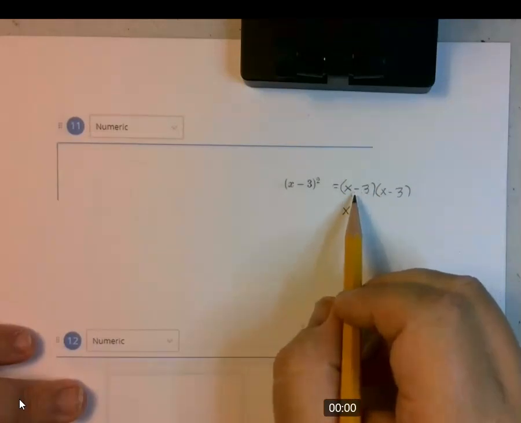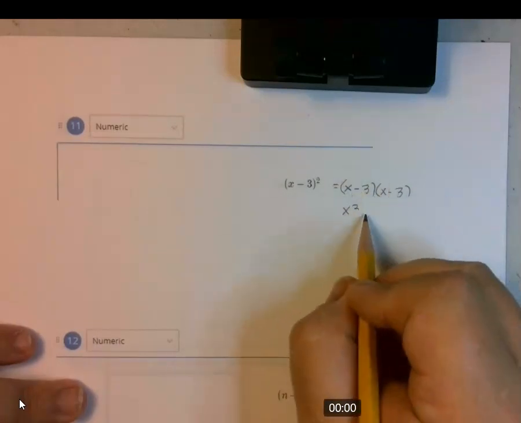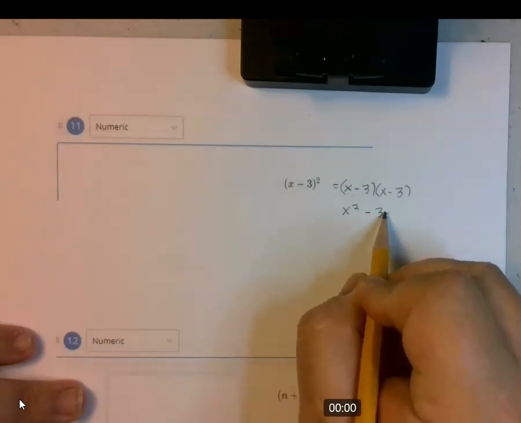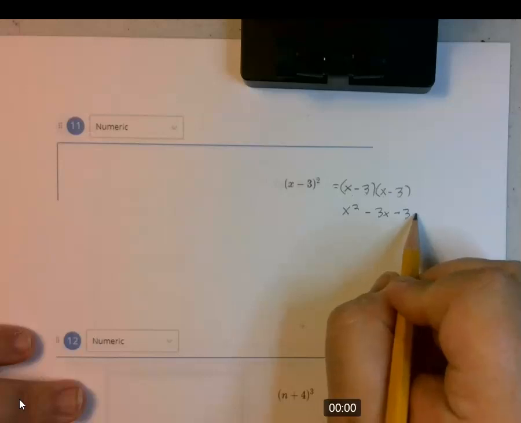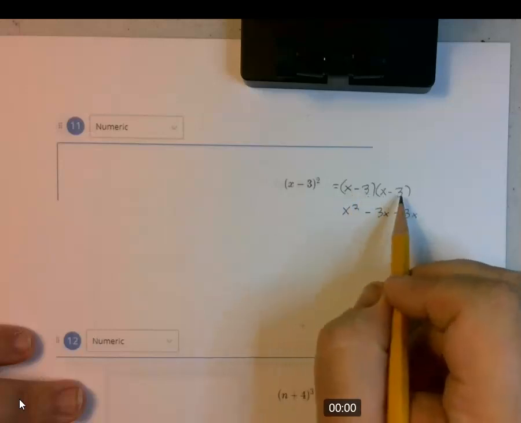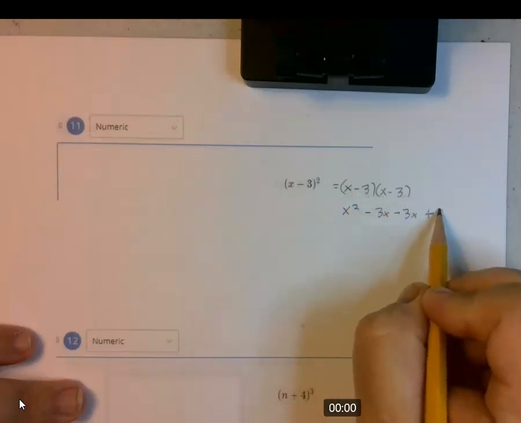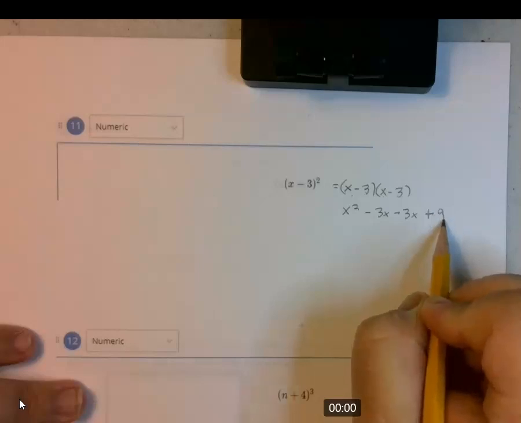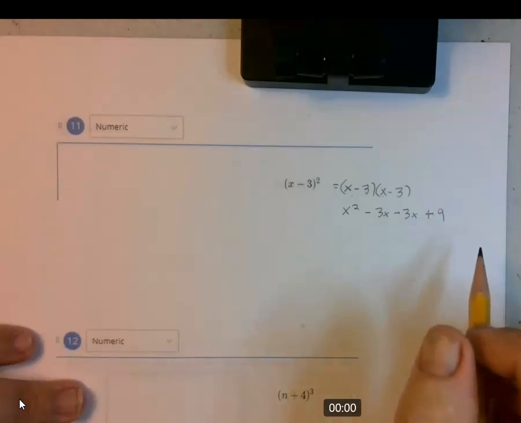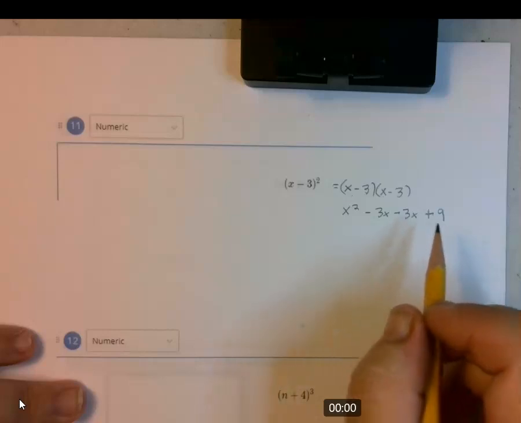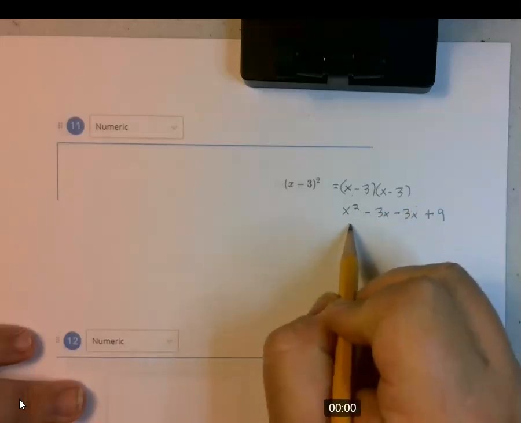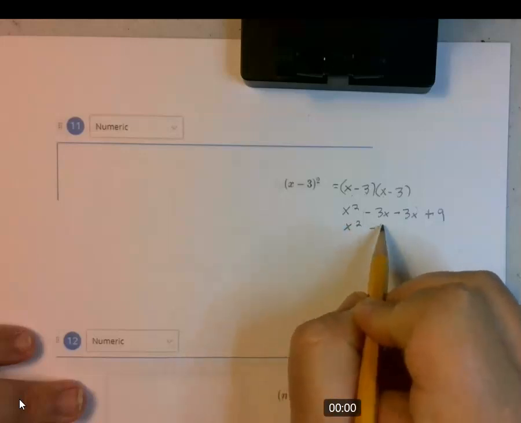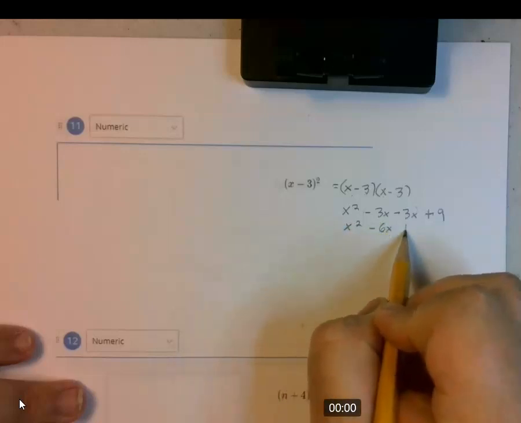Outer is x times negative 3. Inner is x times negative 3 again. And last is negative 3, negative 3. Okay. All right, so what you're going to get here is these two combine. So it's x squared minus 6x plus 9.